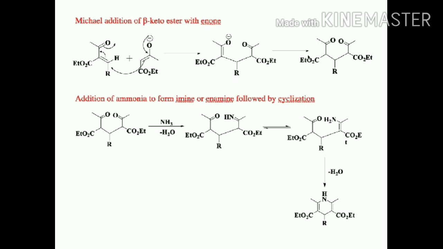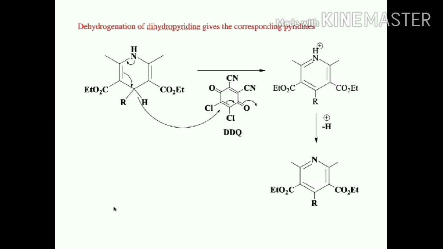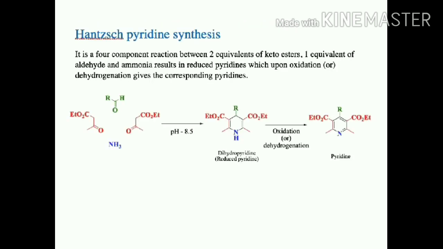That 1,5 dicarbonyl compound is going to combine with ammonia, so it is going to form imine or enamine. That imine or enamine is going to lose a water molecule to give dihydropyridine. Finally the dihydropyridine undergoes dehydrogenation or oxidation to give the corresponding pyridine. So this is overall the synthesis of pyridine via a multi-component reaction, that is Hantzsch pyridine synthesis.